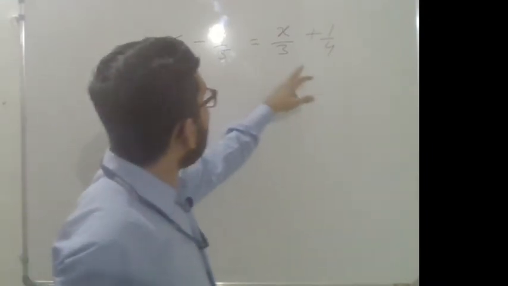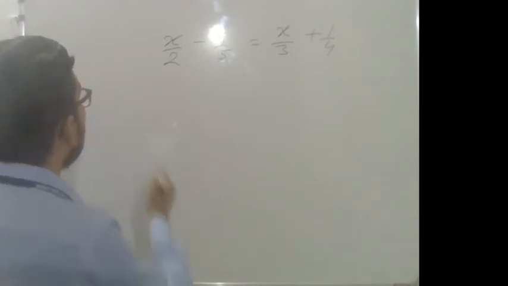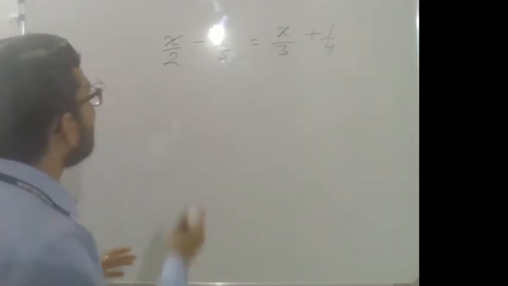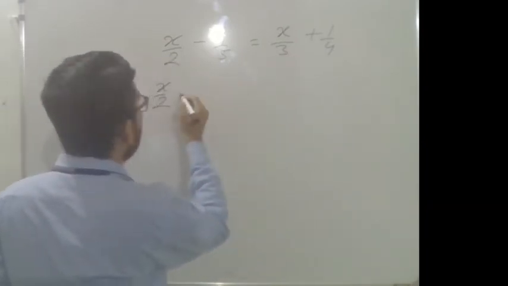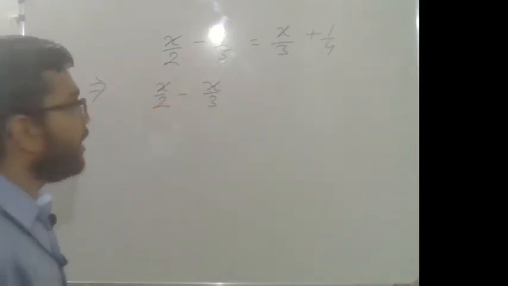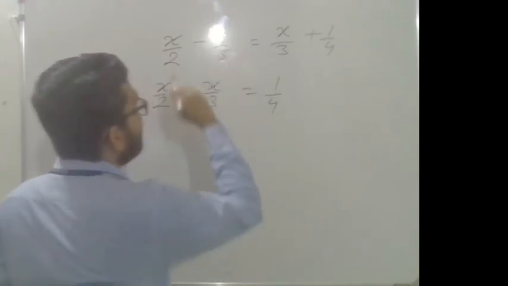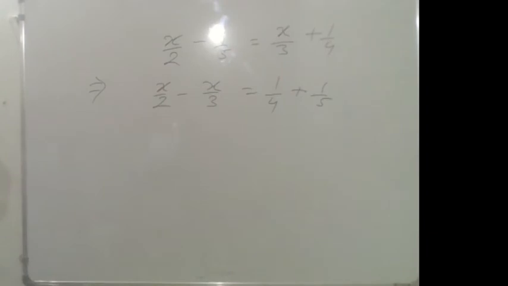Here variables are on both sides. So transpose all the variables to the same side. X by 3 is positive, so it becomes negative when transposed to the left side. 1 by 5 is negative, so it will be positive when transposed.